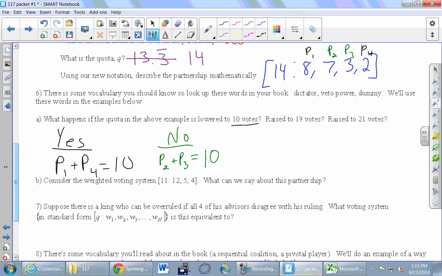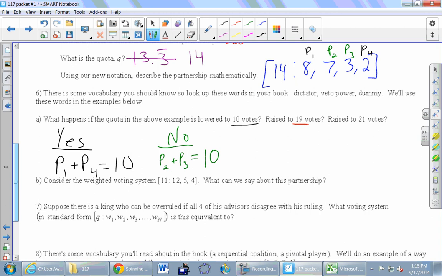And then the next part says, what if the quota is raised to 19? If the quota is at 19, we said there's how many votes altogether? 20. And the only way to get at least 19 is to have what happen? Everybody saying yes, right?